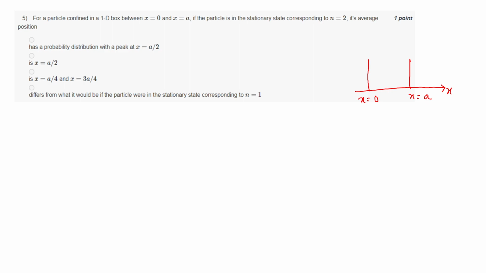Don't confuse this with the probability plot. So the particle's average position is the same at x equals a by 2. How this comes about, I will explain mathematically. Okay, so can anybody help me with the wave function for a particle in a box?